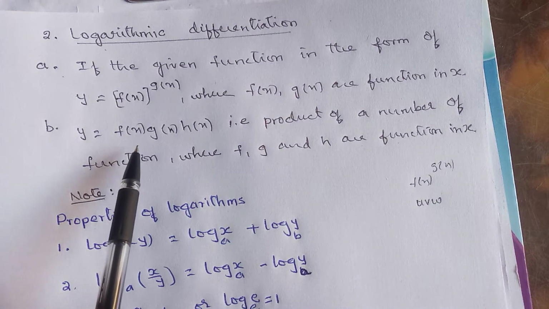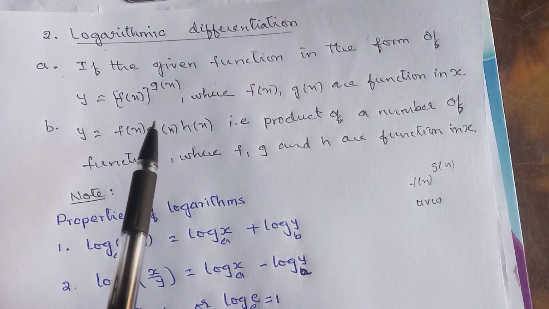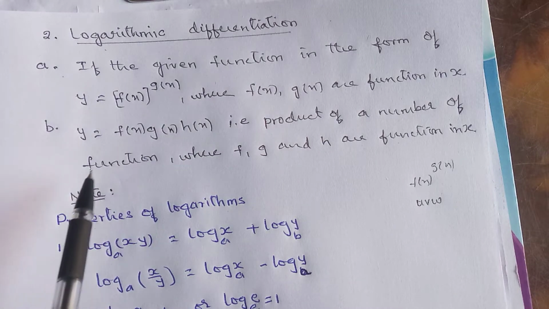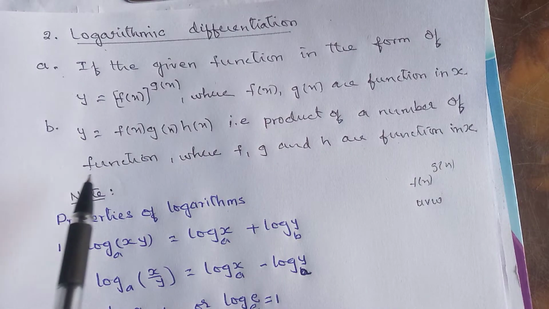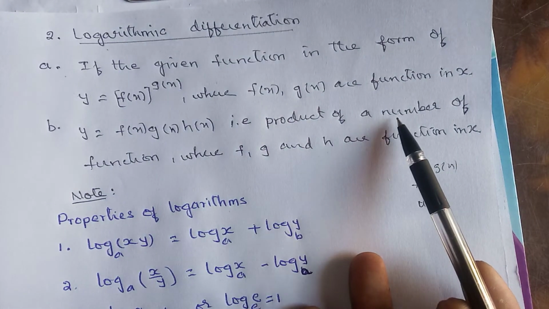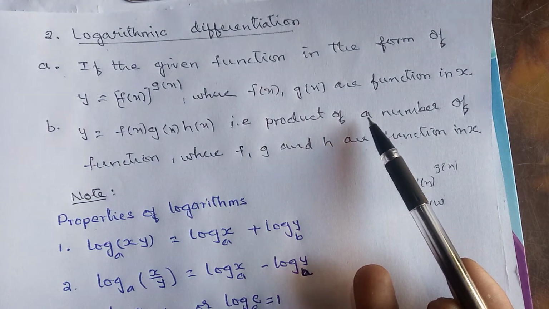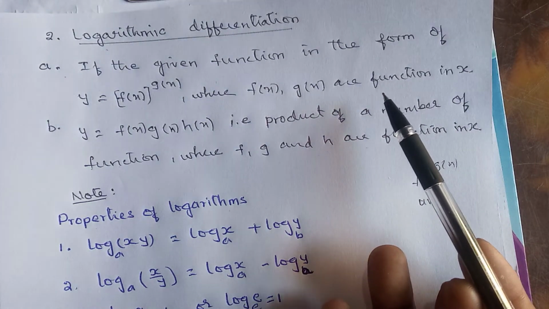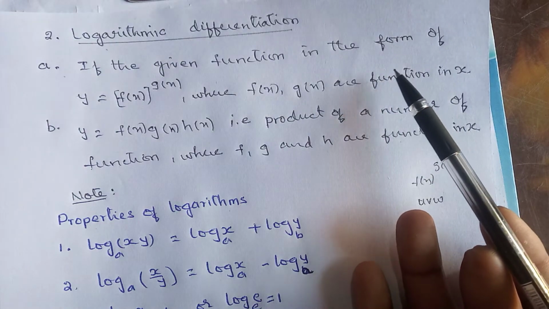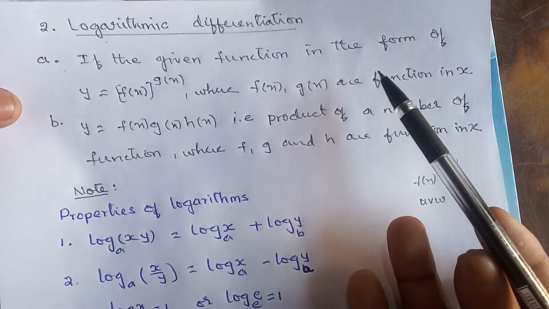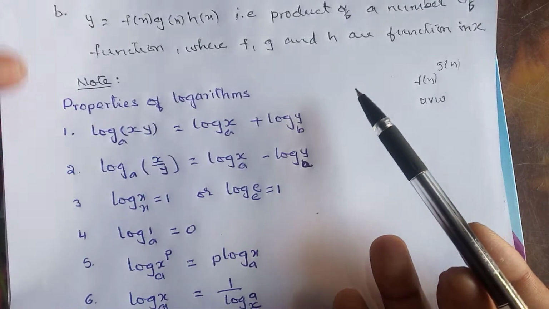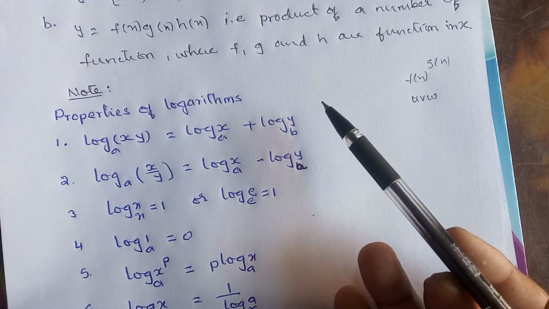Or if there is a product of more than two functions, you can also use it. To use logarithmic differentiation, we must know the concept of logarithms, so a few formulas must be known.